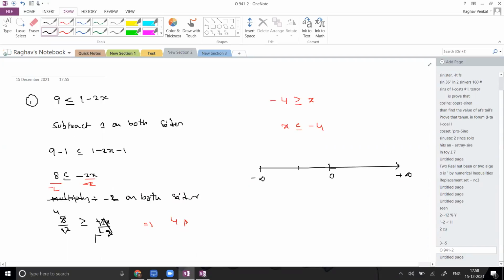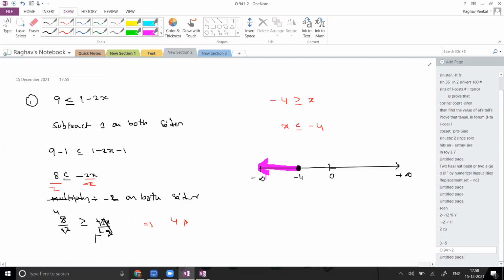Suppose it is minus 4, this is closed interval, so I bubble the dot, and from here everything is open interval. So just an arrow mark, the arrow says till infinity.